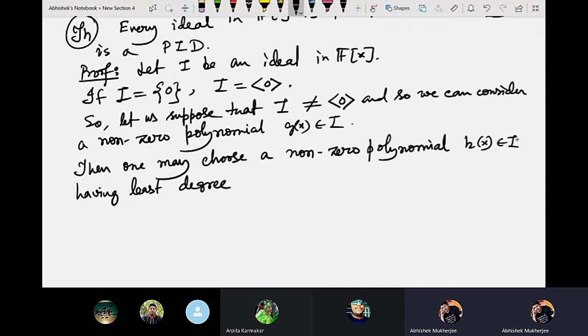That is, we can choose a polynomial in I having least degree.